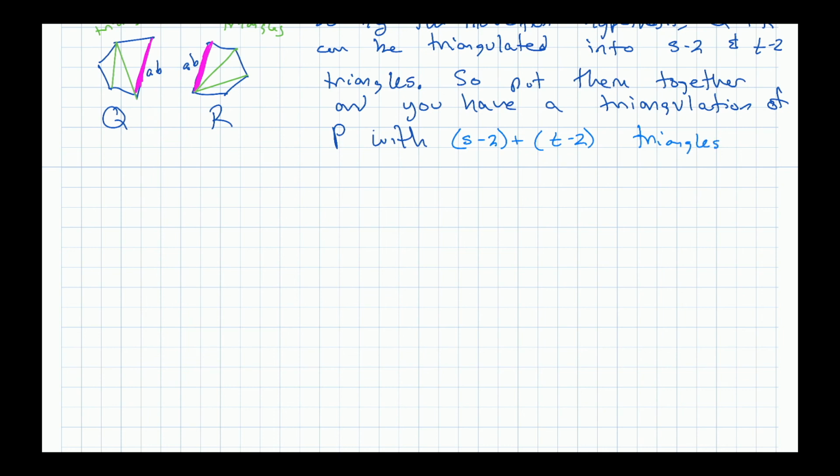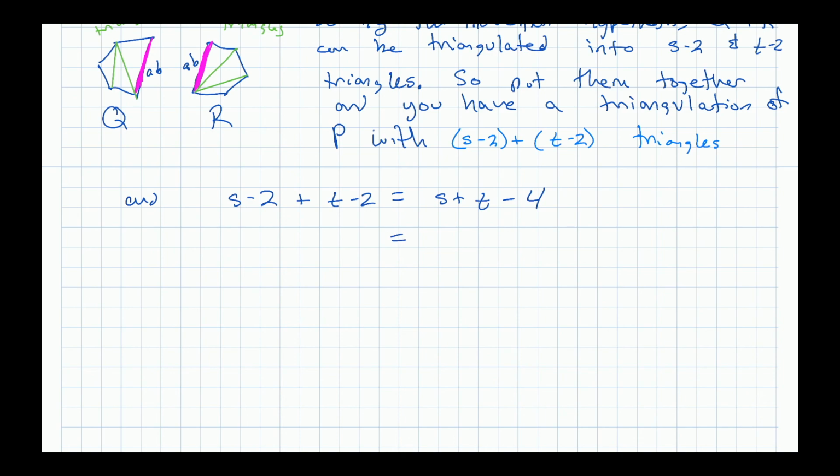S minus 2 plus T minus 2 triangles. So that's it. But how many is that? Well, S minus 2 plus T minus 2 is equal to S plus T minus 4, right?